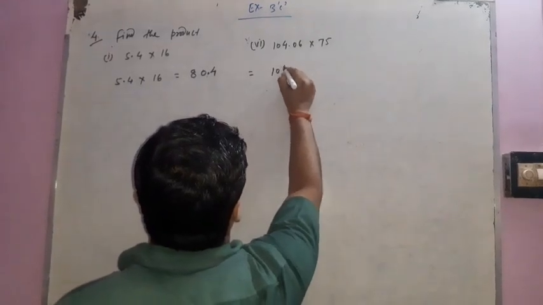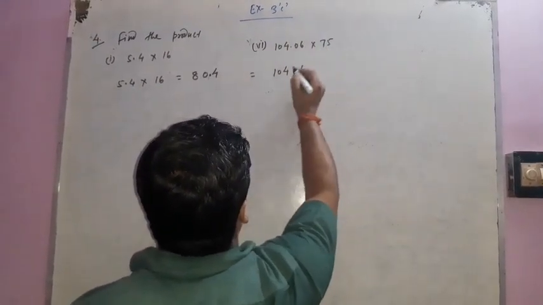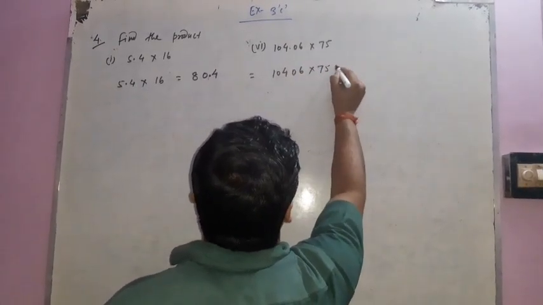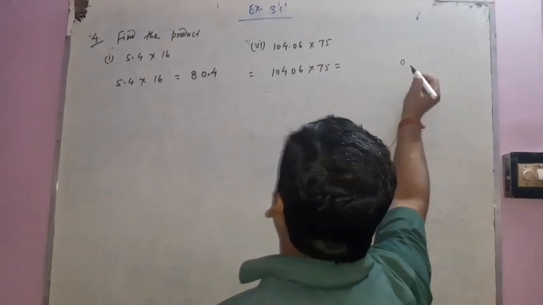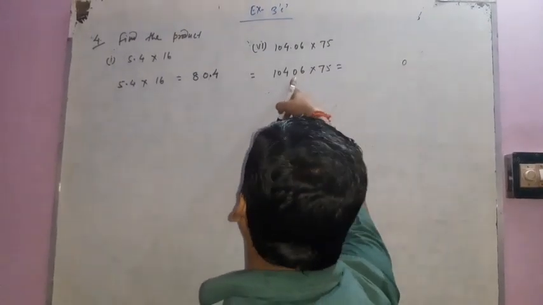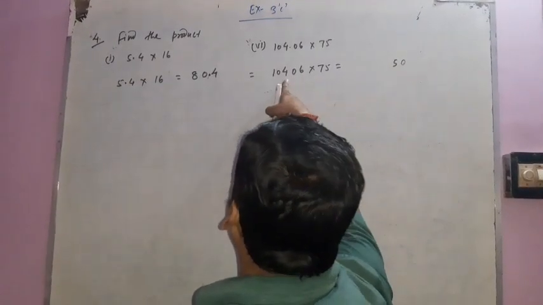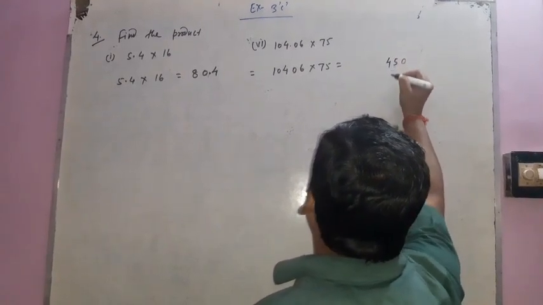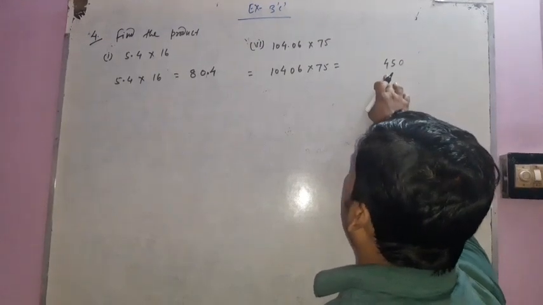Firstly, we simply multiply 10406, removing the decimal, with 75. Now 75 times 6 is 450, 0 in the place, 45 in the hand. 75 times 0 is 0, plus 45 is 45. 5 here, 4 in the hand. 75 times 4 is 300, plus 4 is 304.